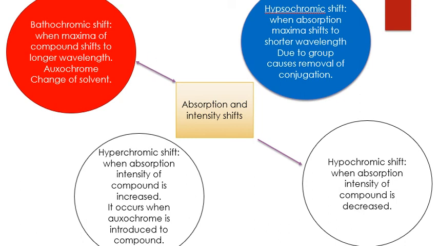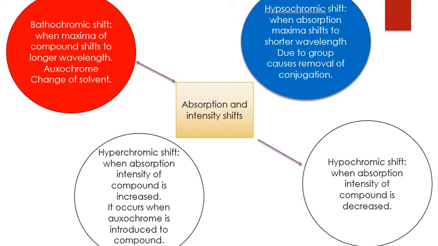First of all, we have the bathochromic shift, in which the maximum of the compound shifts to a longer wavelength. What does it mean? It means that when we change the concentration of the solvent, it starts absorbing radiations of higher wavelength, and this absorption of higher wavelength is called bathochromic shift, and it is also called red shift.